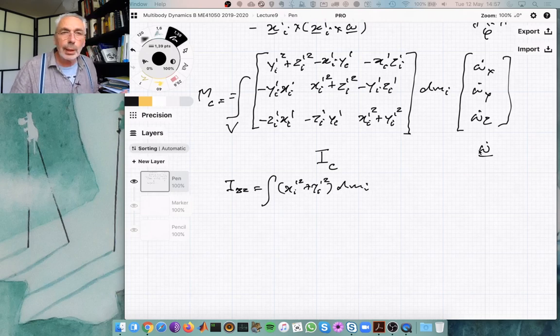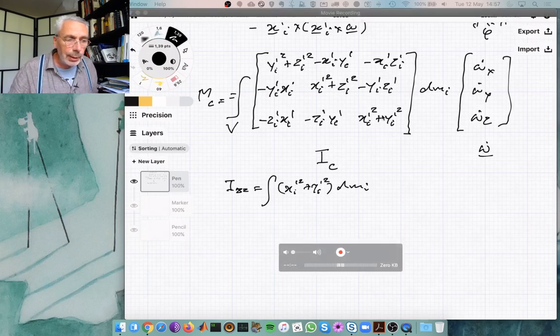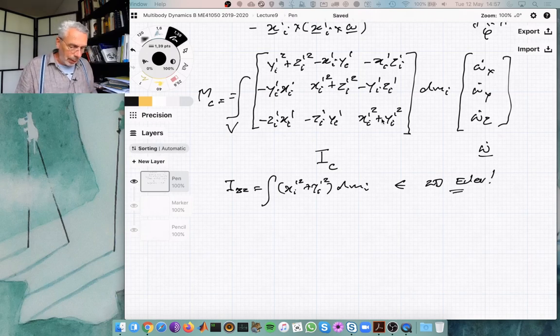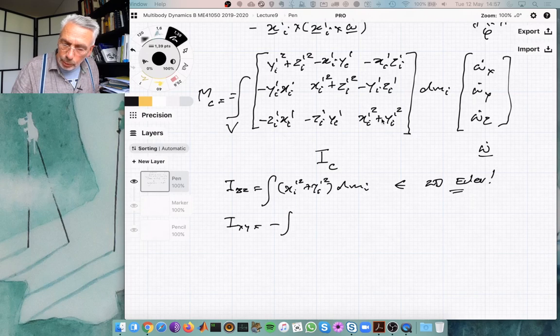And remember, that's exactly the mass moment of inertia we have about the z-axis, the third axis, which we had in our 2D Euler equation. So that is a single term. But for the rest, we have all these off-diagonal terms with a minus sign. For instance, Iyx is then minus the integral of xi yi prime dmi.